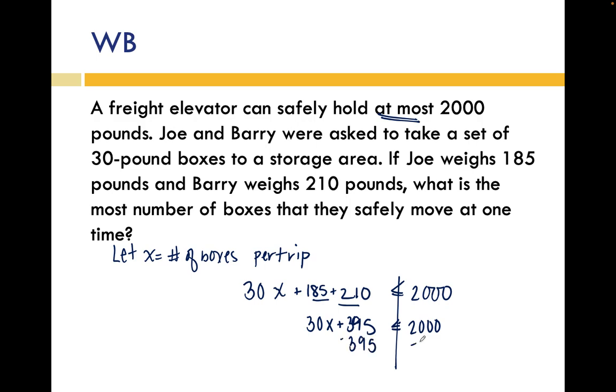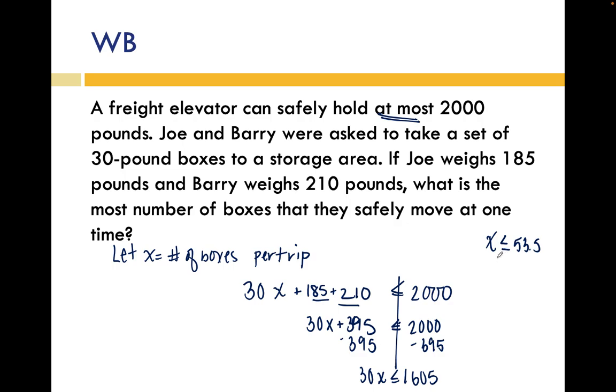Subtract 395, which gives us a total remaining weight available of 1,605 pounds. If I divide that by each 30-pound box, we get an answer of x is less than 53 and a half boxes.